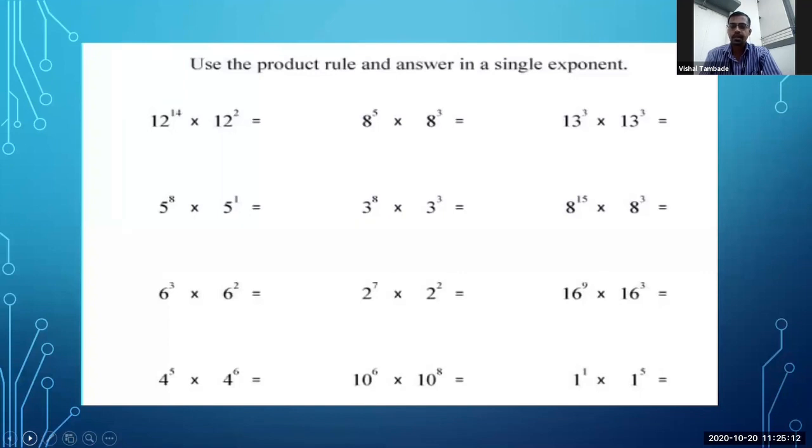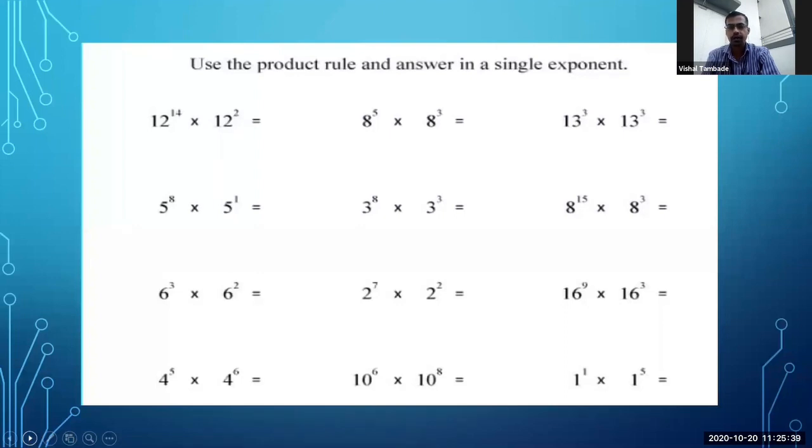Find out the answer. Tell me, anybody reply? Sir, 12 raised to the power 16. Very good, beta. Yes, 12 raised to the power 16, because here the base is the same, we take the base one time and 14 plus 2 is 16.